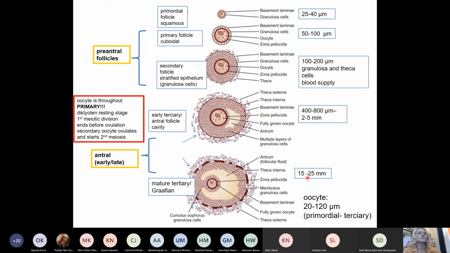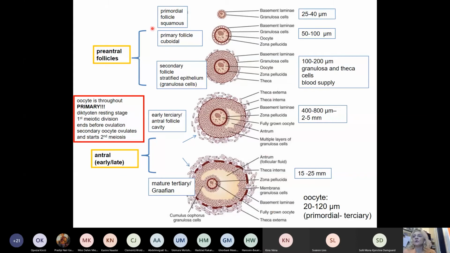It means 1 or 2 centimeters. So it's a macroscopically visible big thing. So all these drawings are not proportional. And during this growth, even the oocyte is growing. You see, from 20 to more than 100 micrometers, the oocyte itself.